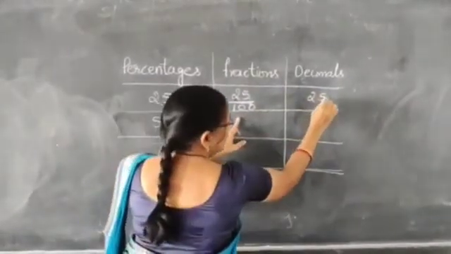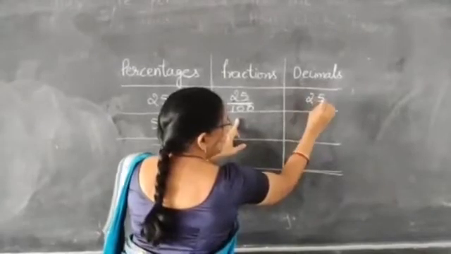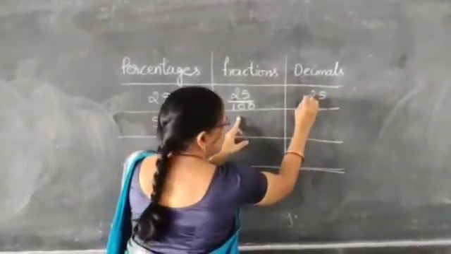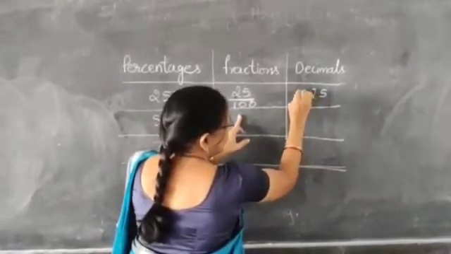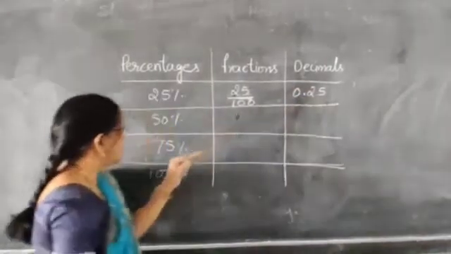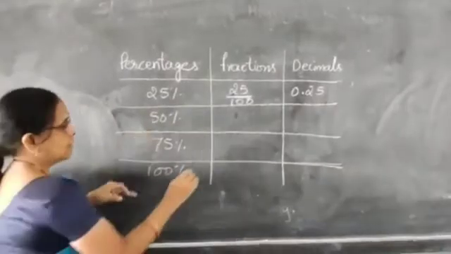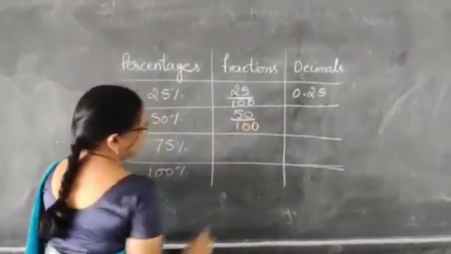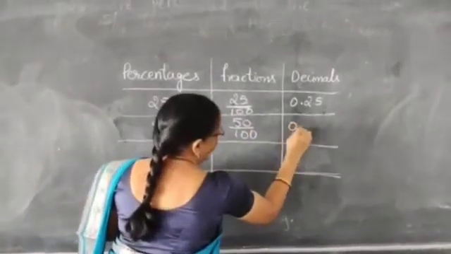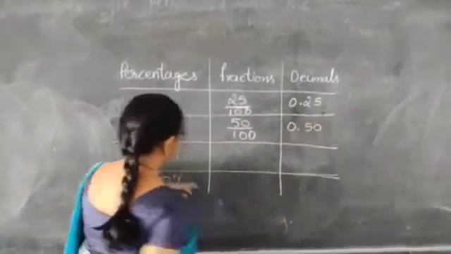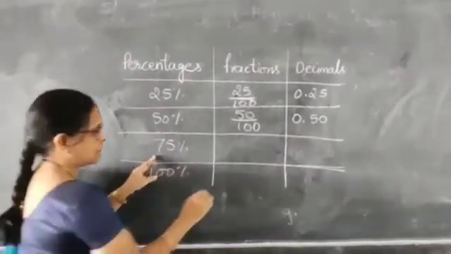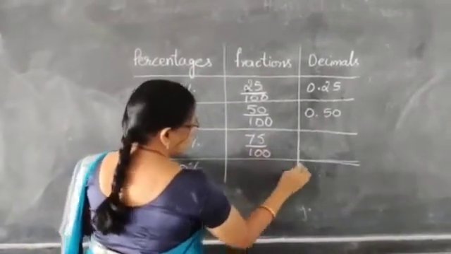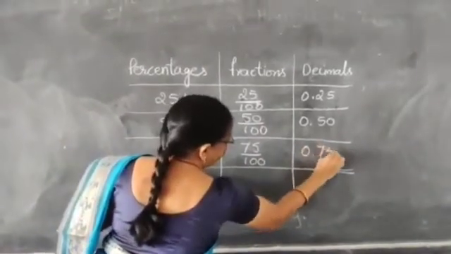So count 2 digits, 1, 2. You have to count from right to left. Put the decimal point. Write 0.25. Okay, 50%. Fraction, how do we write? 50 by 100. So it is 0.50. 75%, 75 by 100. So 0.75.